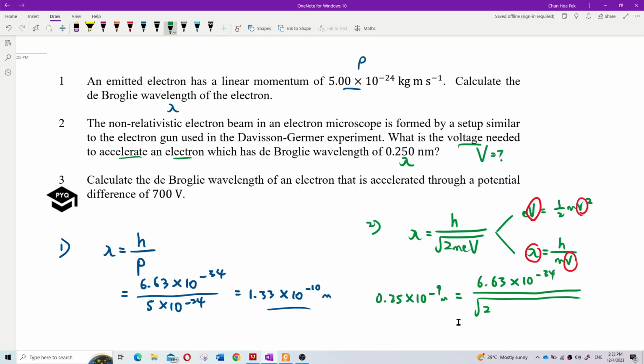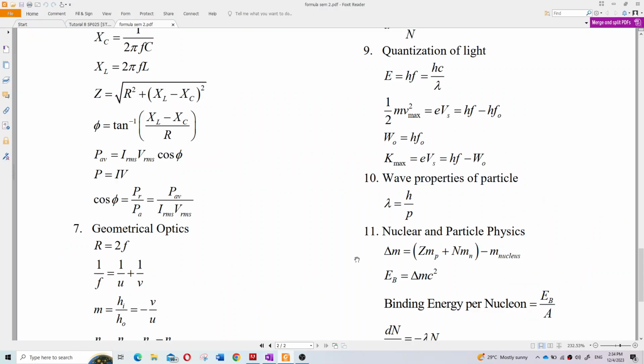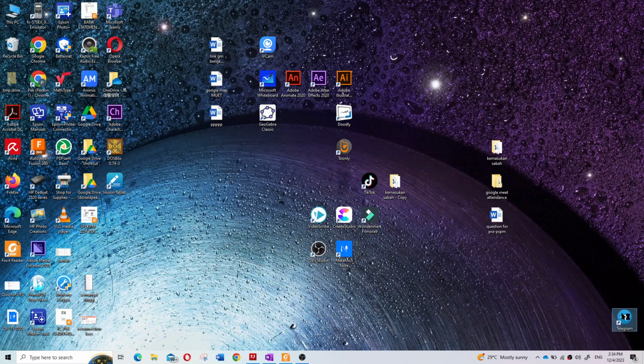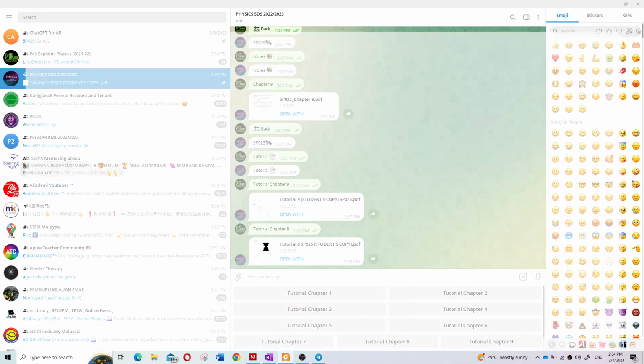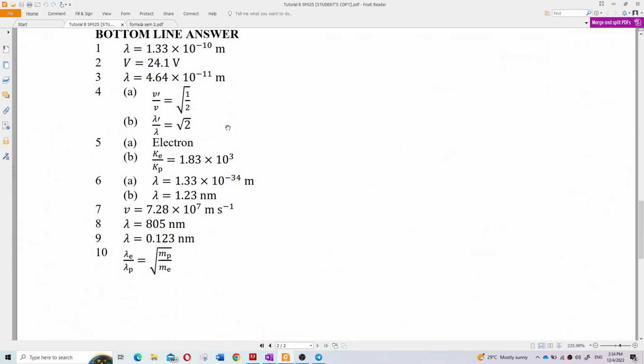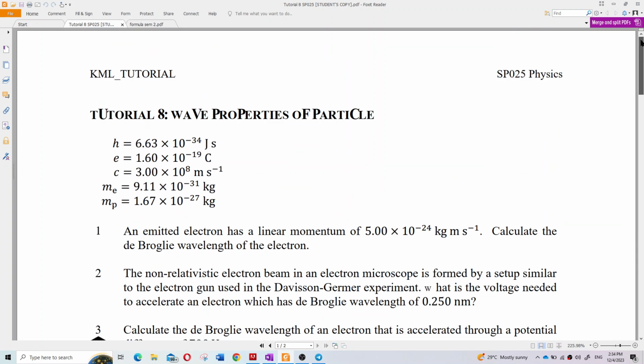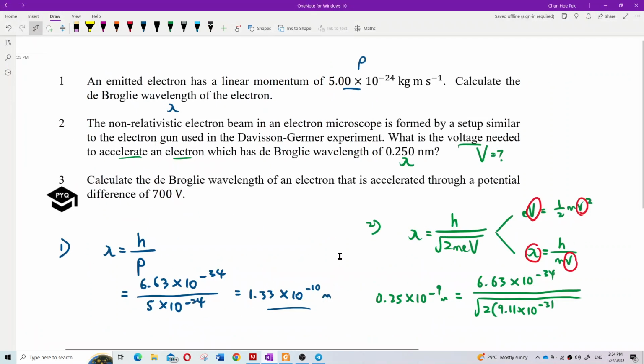Use the mass of the electron, because you are using an electron. The mass of the electron is 9.11 × 10^-31. Actually, you can find it from here. Hold on a second, let me check. Mass of electron, tutorial 8. Oh, it's already here: 9.11 × 10^-31. That's the mass of the electron.